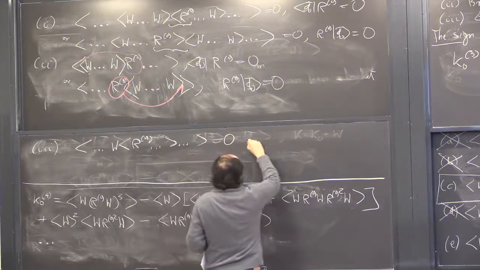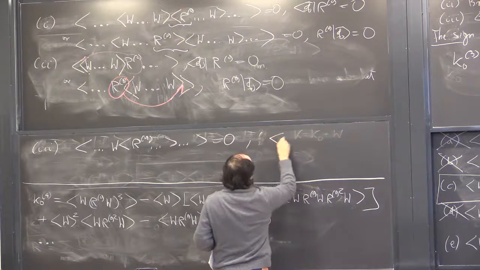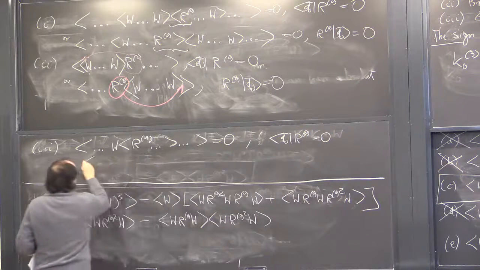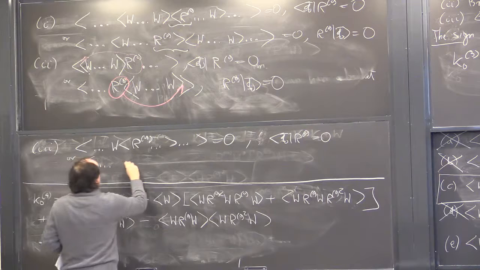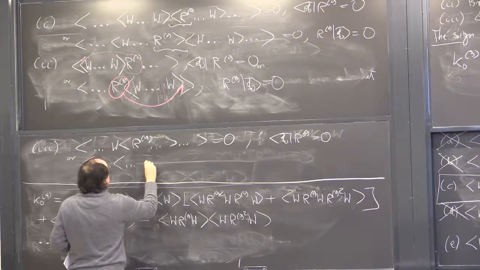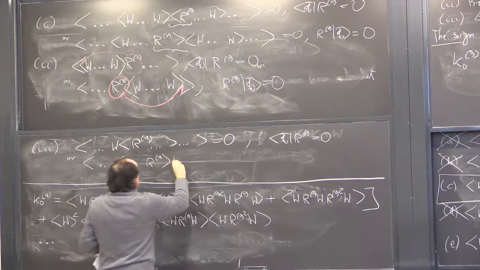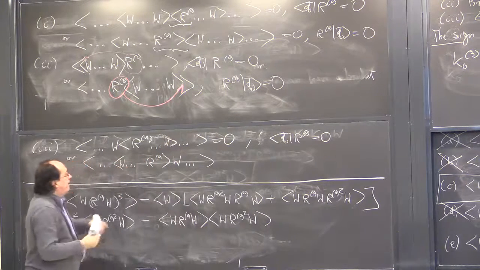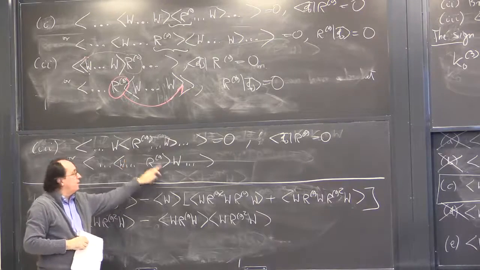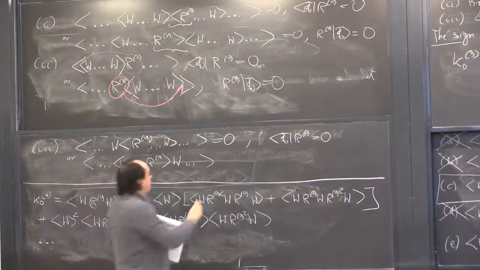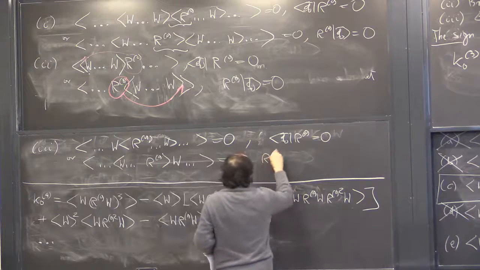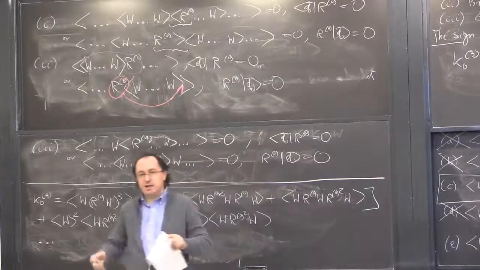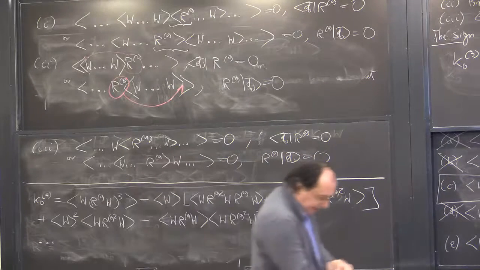That is 0 because, once again, R0 acting on phi 0 is 0. And, of course, you could have an alternative scenario where your brackets have, say, R0 here and then W. So even if you have W here or W here, as long as you don't have a W here or there, you are getting an expression which is vanishing. So in other words, you can see that that's how these rules are what they are.